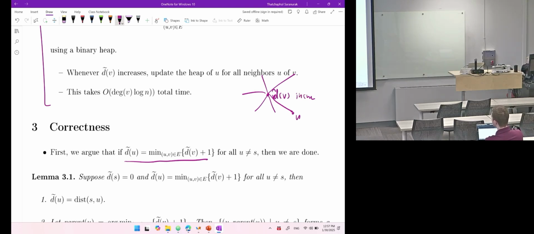So this is supposed to be the correct estimate: d tilde of u will be just the level of my best neighbor plus 1. And this is going to be true for every node. Okay. And why is that?